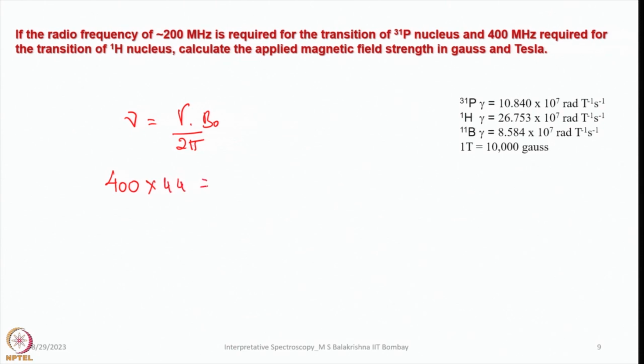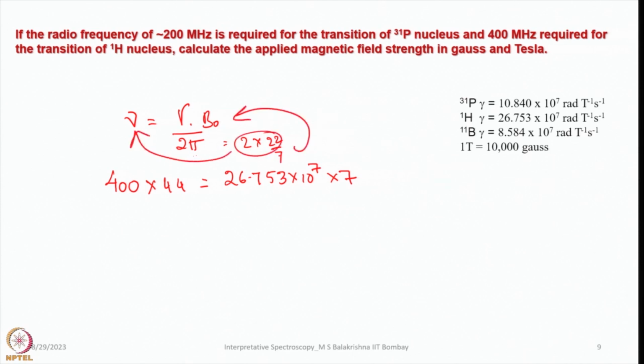This equals gamma is given here for proton, this is 26.753 into 10 raised to 7, and then this 7 whatever was there, it goes here. So, this is nothing but 2 into 22 by 7. So, 7 comes here and 2 is going here. So, that is what I have written here into B naught.